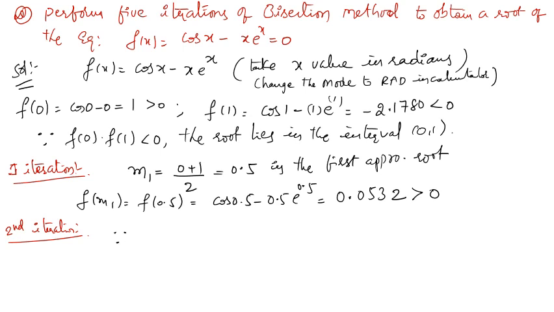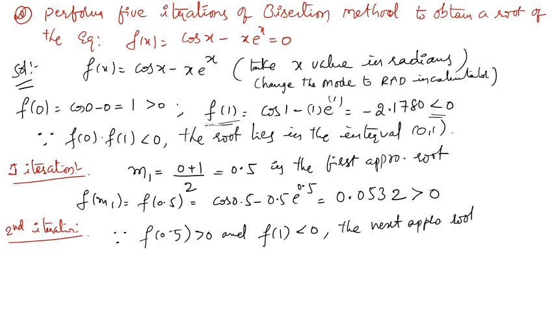Then second iteration. Since f of 0.5 is positive and f of 1 is negative, less than 0, the next approximate root lies in the interval 0.5 comma 1.